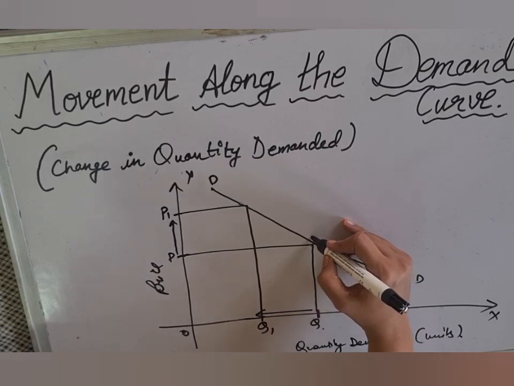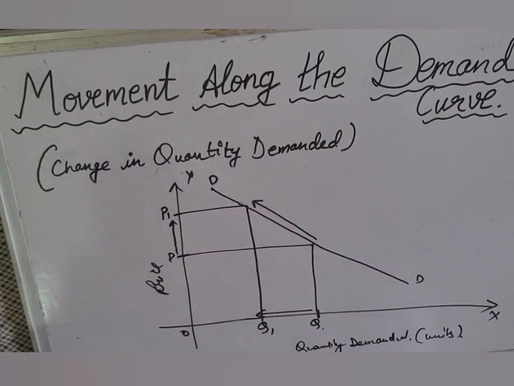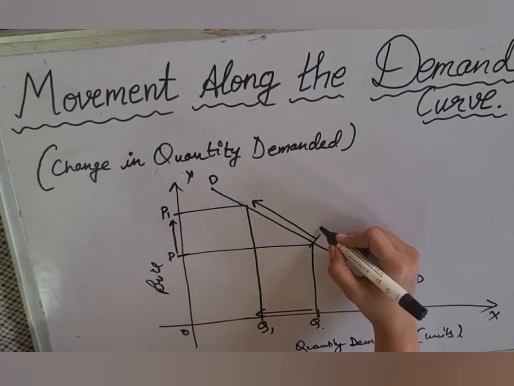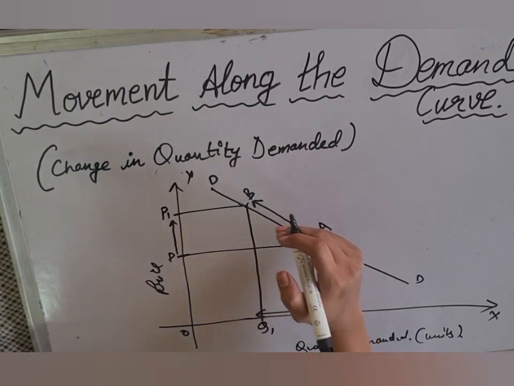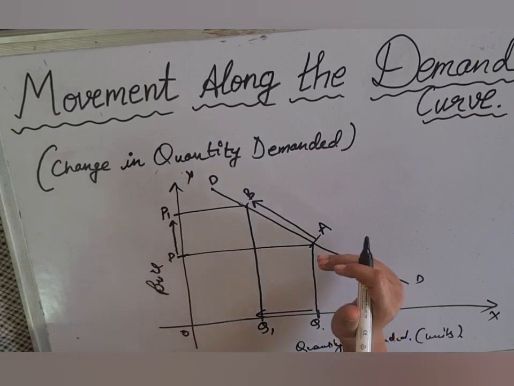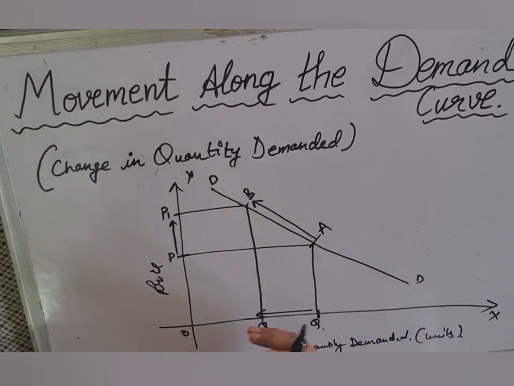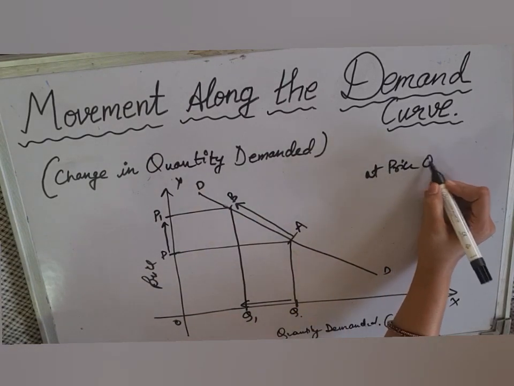It is the contraction, the upward movement of the point. First the point was here A, now the point becomes B. This is the upward movement from A to B. The quantity demanded falls from OQ to OQ1. First the quantity demanded was OQ at price OP.